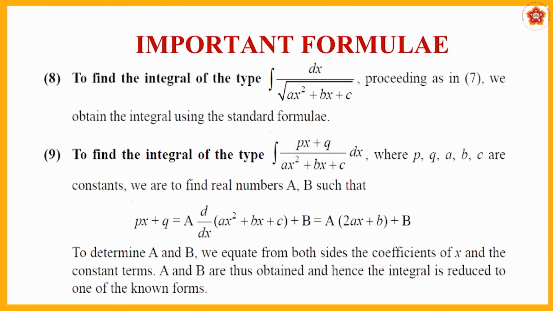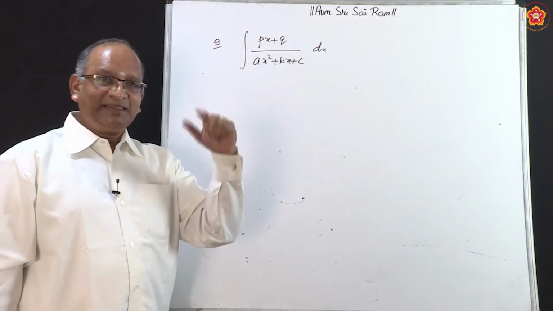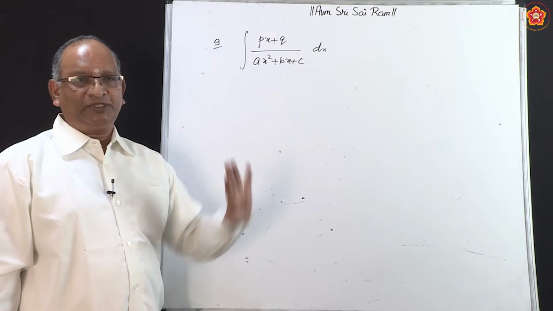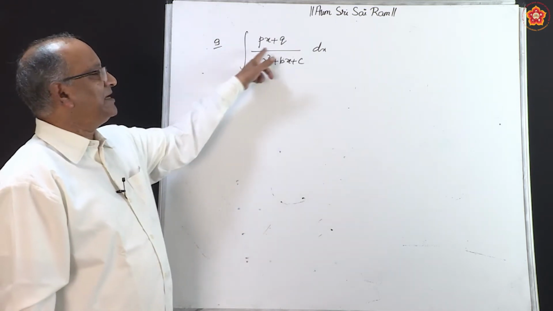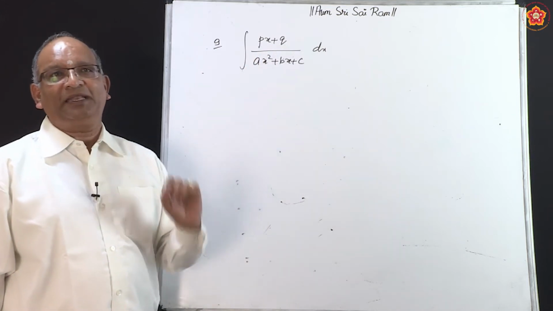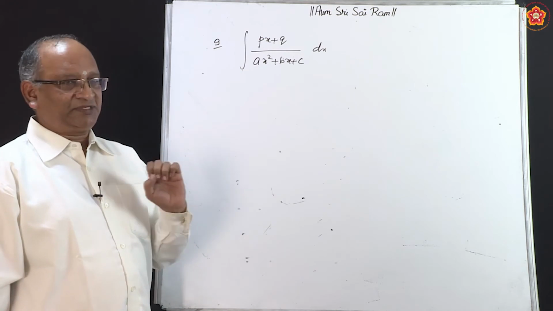In the 7th type, the numerator was 1. Now here it is a linear polynomial. The denominator is as it is, a quadratic polynomial, but the numerator in the 7th one was 1, so there were no complications involved there. But now, since px plus q, a linear polynomial, is put, we have a procedure.